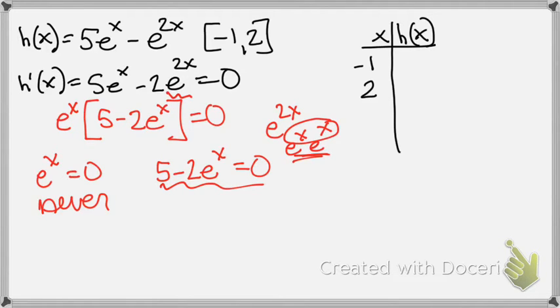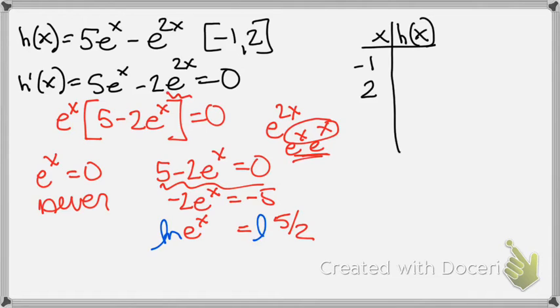So I'm going to subtract 5, divide by -2, and now to undo the e, you take the natural log of both sides. And we get that x equals the natural log of 5/2, which is a positive number. I don't know if it's necessarily in between -1 and 2, but I'm going to have to assume so. So there's my critical point, natural log of 5/2.